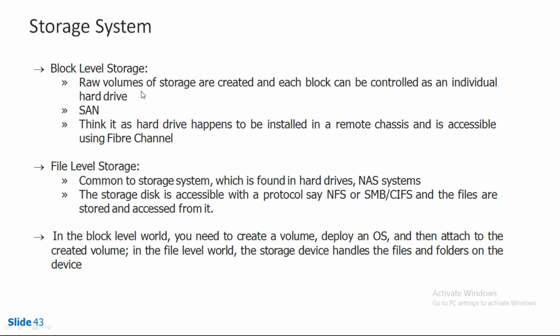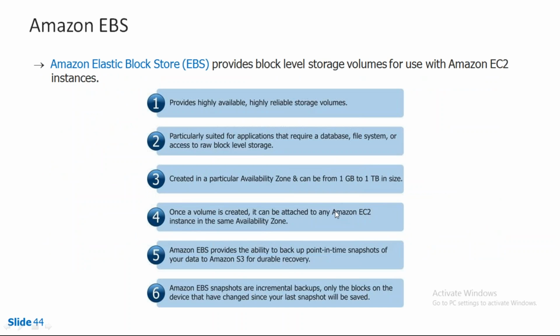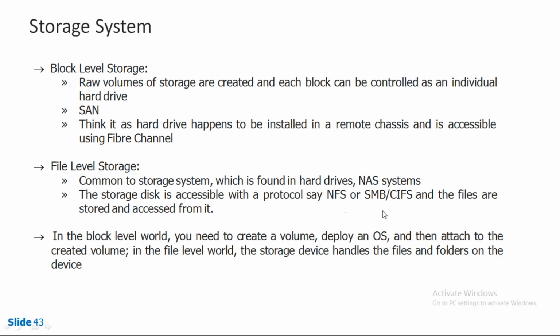So this is where we use block level storage, and then file level storage is common to storage systems found in hard drives, NAS systems and all. Then the storage disk is accessible with a protocol, say NFS, network file system, or SMB or CIFS, and these files are stored and accessed from it.